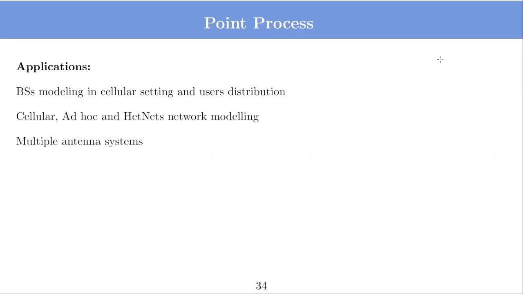So when we talk about any kind of wireless network, like cellular or ad hoc, we can use this point process to model the location of different nodes. Like in a cellular setting, we can use it to model the location of base stations or users, which can be extended to model devices in ad hoc networks, and we can also apply it to multiple antenna systems, millimeter wave networks, and so on.